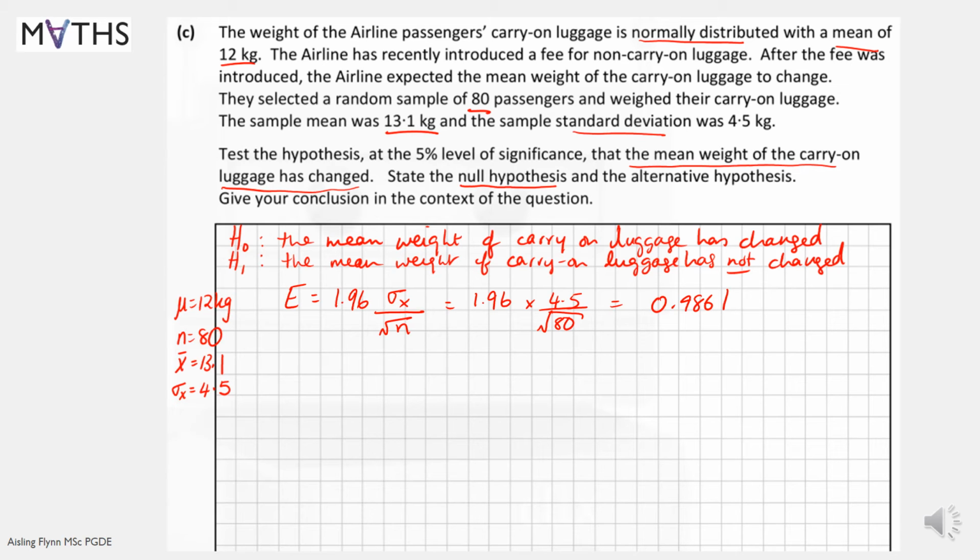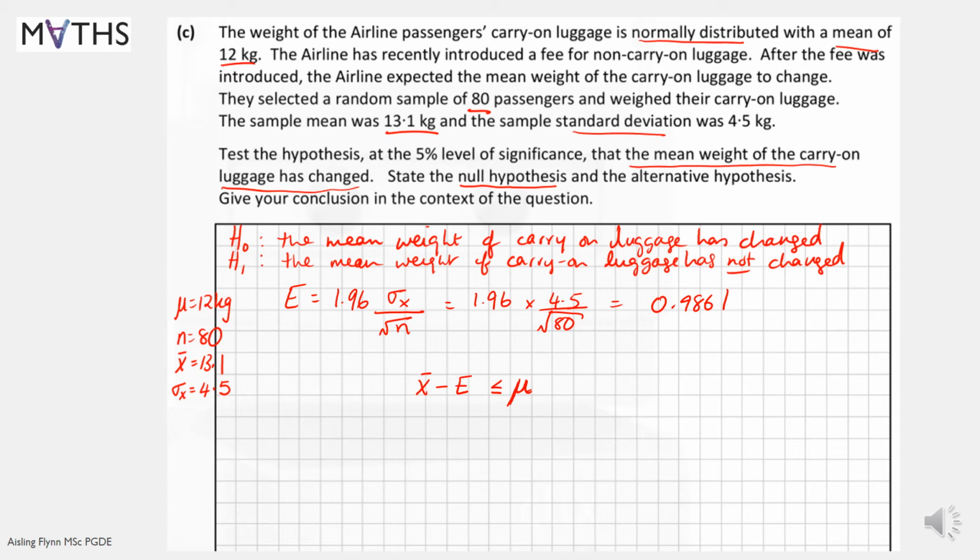Okay, we're going to set up our interval now. We're trying to see, does our population mean, the real one, 12 kilograms, that's what we started with, has it changed? From the sample we got a sample mean of 13.1.